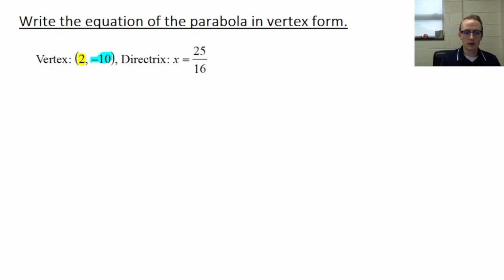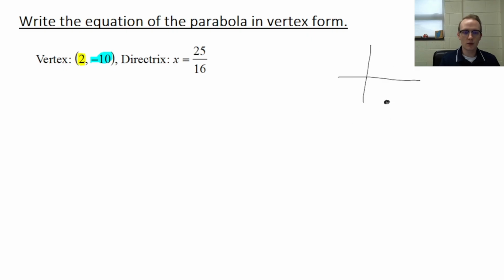All right, so here are the x and y axes, okay? And 2, negative 10 is somewhere over here. Now, our directrix is the line x equals 25 over 16. Okay, so if it's the line x equals, that means it is a vertical line, so it's going straight up and down.